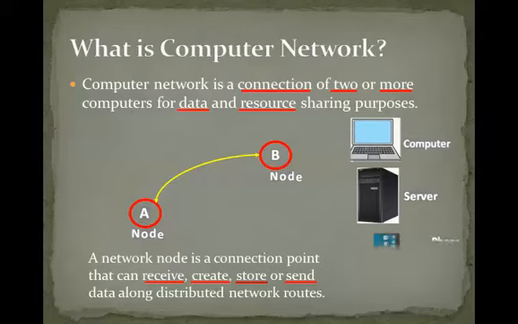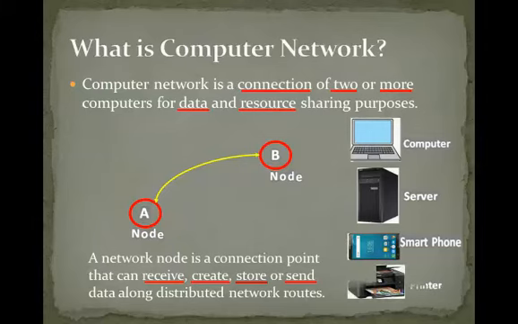A node can also be a smartphone, or a printer. A shared printer can be connected to the network for sharing by the rest of the nodes.